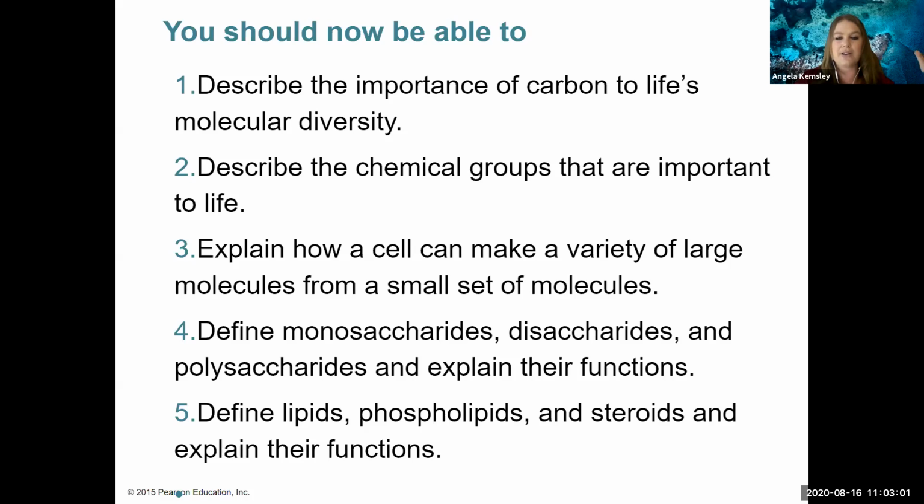Define monosaccharide, disaccharide, and polysaccharide. Remember, mono means 1, di means 2, poly means many, and explain their functions. Define what lipids are, what phospholipids are, especially the phospholipid bilayer, hydrophilic heads, hydrophobic tails, know it, love it, and steroids, and explain what their functions are.